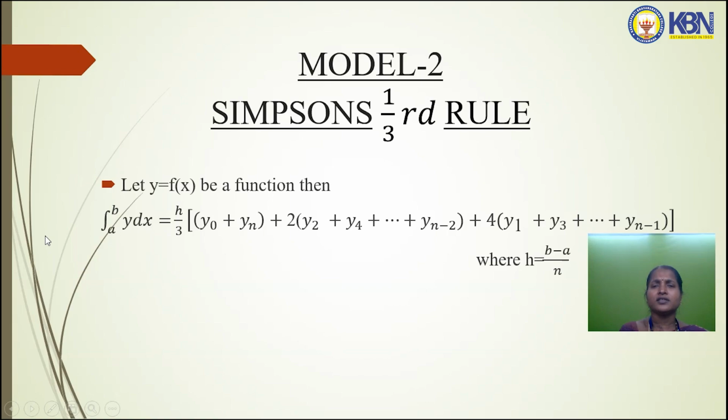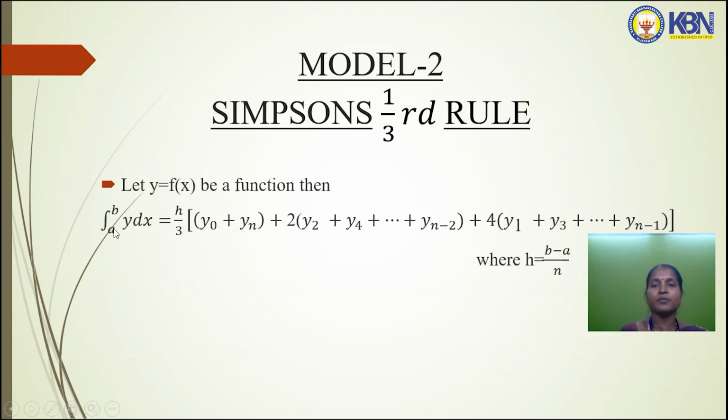Simpson's 1/3 rule formula: let y is equal to f of x be a function, then the integral of a to b y dx is equal to h by 3 into y0 plus yn, plus 2 into the even terms, that is y2 plus y4 plus y6 and so on up to yn minus 2, plus 4 into the odd terms, that is y1 plus y3 and so on up to yn minus 1. Also h is equal to b minus a by n. This is Simpson's 1/3 rule.